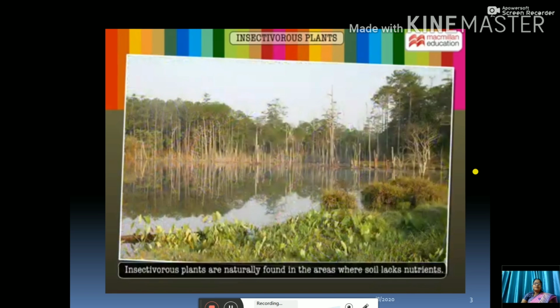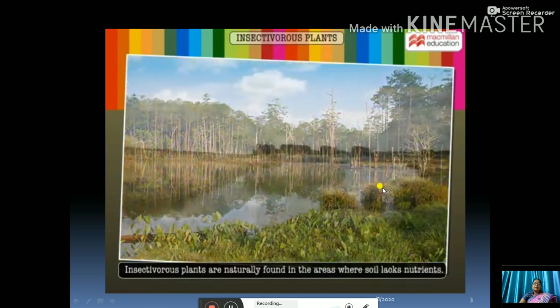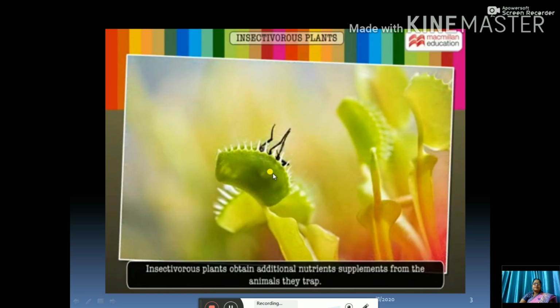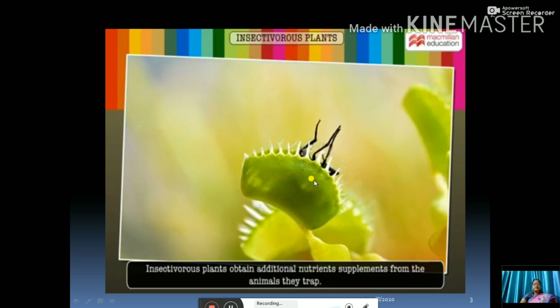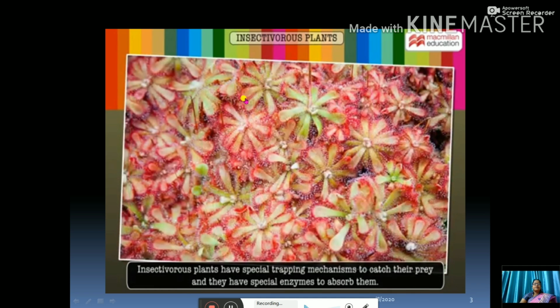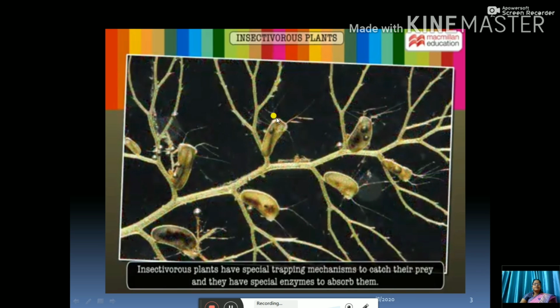These plants are naturally found in the areas where soil lacks nutrients. They obtain additional nutrient supplements from the animals they trap. These insectivorous plants have special trapping mechanisms to catch their prey, and they have special enzymes to absorb them.